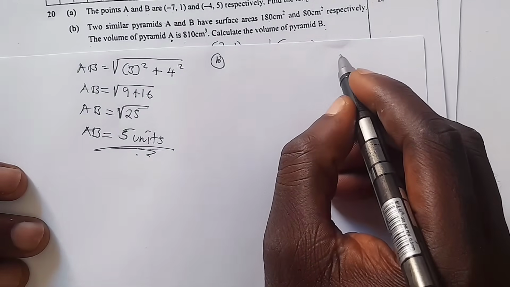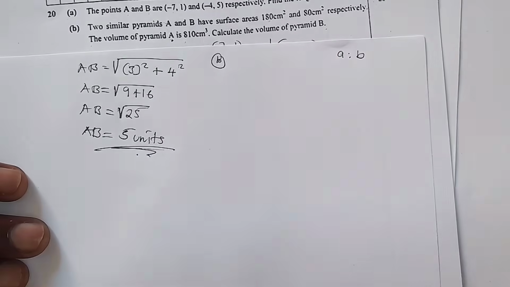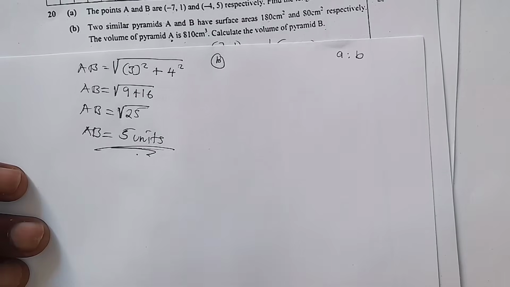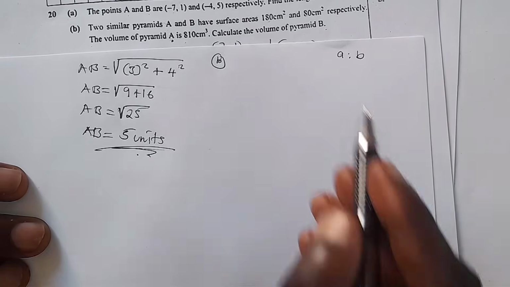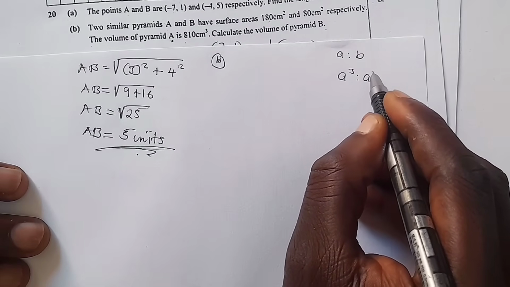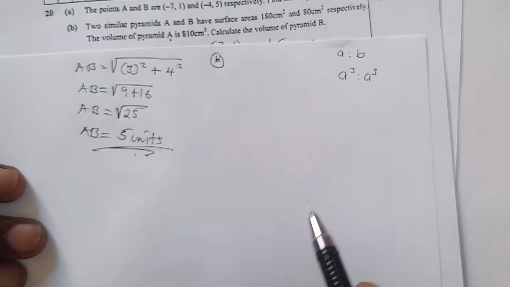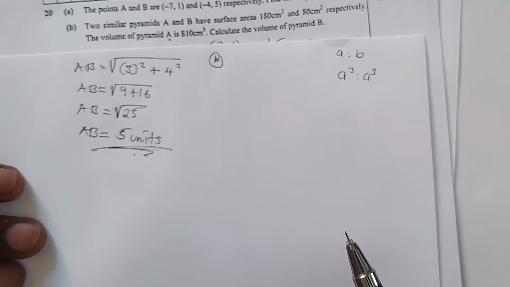Number 1, you need sides, in the form of A to B. Then these sides you need to cube them, since we're finding volume. When you cube them, that's when you're going to find volume using proportions.